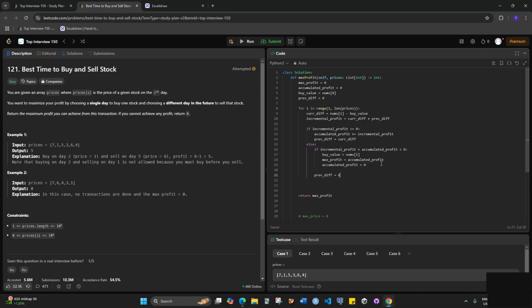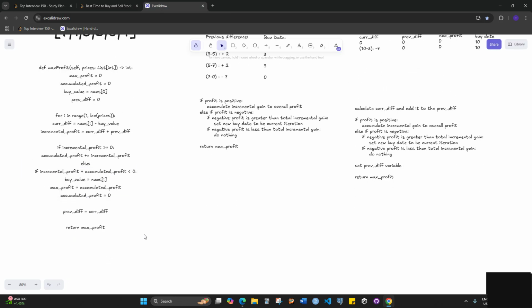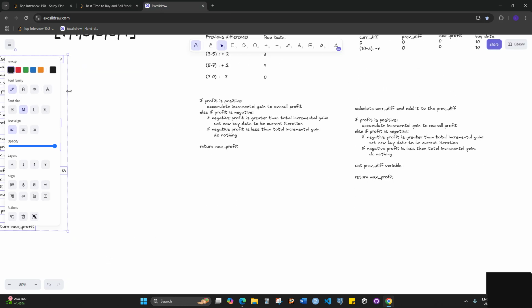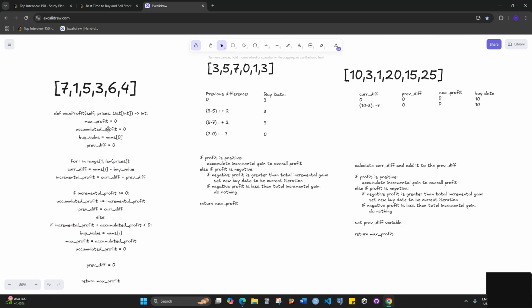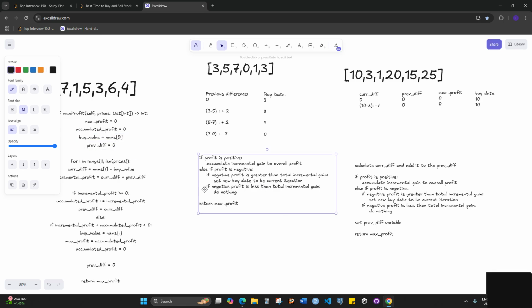We reset the previous diff and then continue the loop. Try this one. Oh, so max profit yada yada.